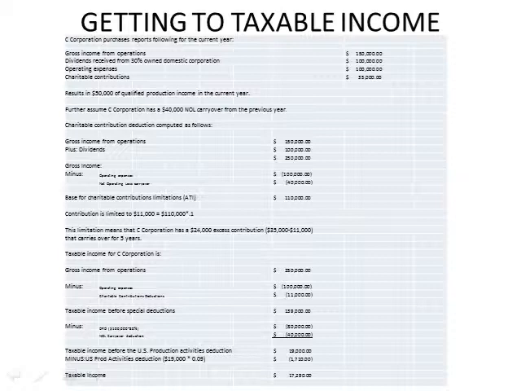And so once we've done this, we get our taxable income before the U.S. production activities deduction, and we understand that that's limited by this taxable income base, and it's limited to 9% of that. So from the taxable income base of $19,000, we deduct $1,710, which is the amount that we're allowed to deduct, 9% times $19,000 for the production activities deduction, and that gets us to a taxable income in this example and case of $17,290.